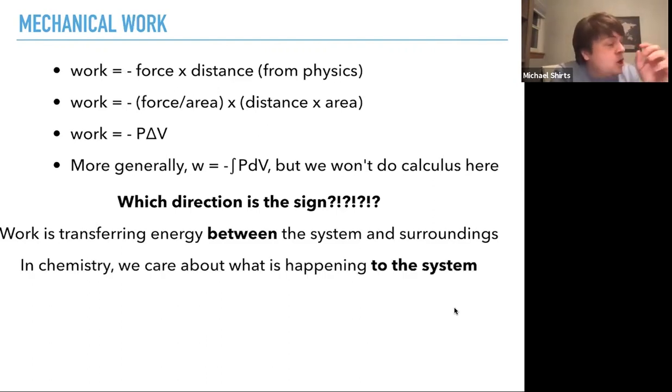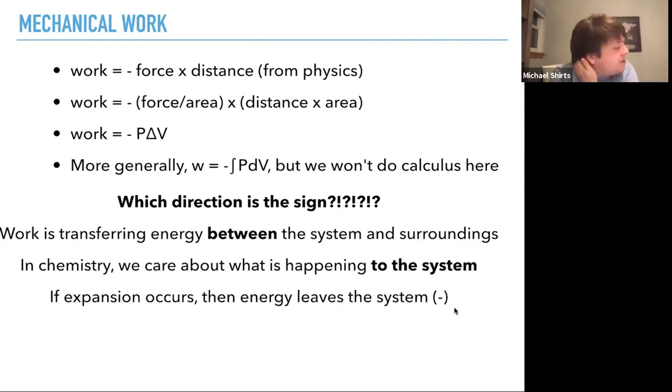In chemistry, we care about what is happening to the system. And therefore, if expansion is occurring, then energy is leaving the system. If we look at the definition, work equals pressure times delta V. If there's expansion, then the system has to be pushing against whatever it's exerting pressure on, and that work is leaving the system. So we choose the negative sign convention.